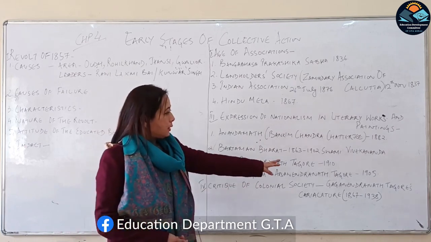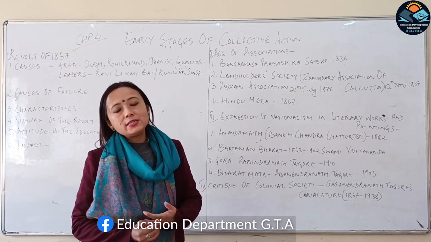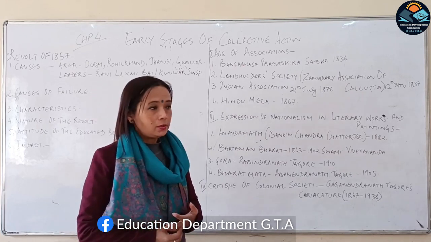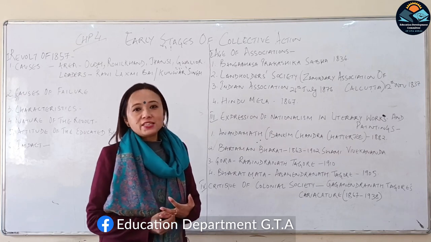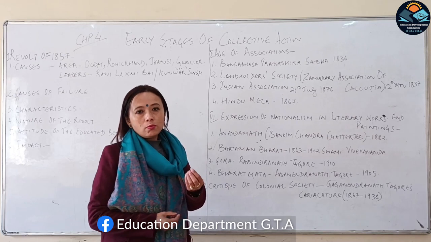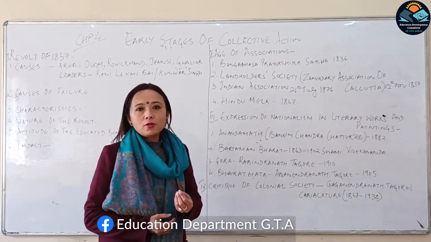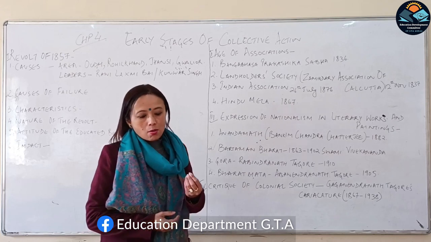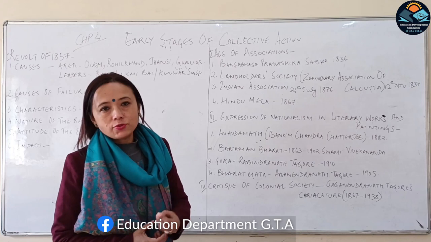Now, in 1905, the country was facing a lot of turmoil because of the partition issue. Which partition? It was the partition of Bengal, which Lord Curzon had announced.